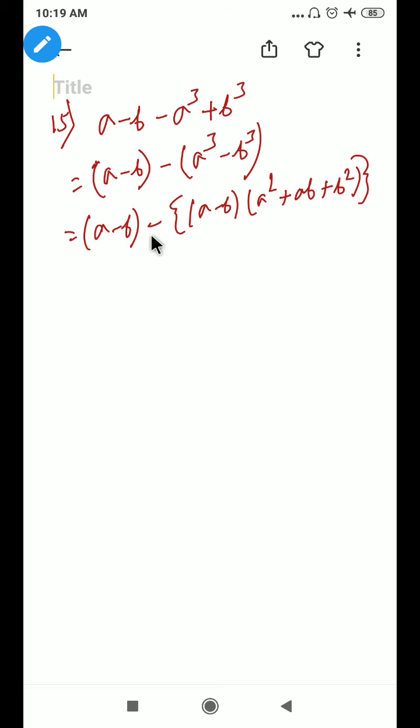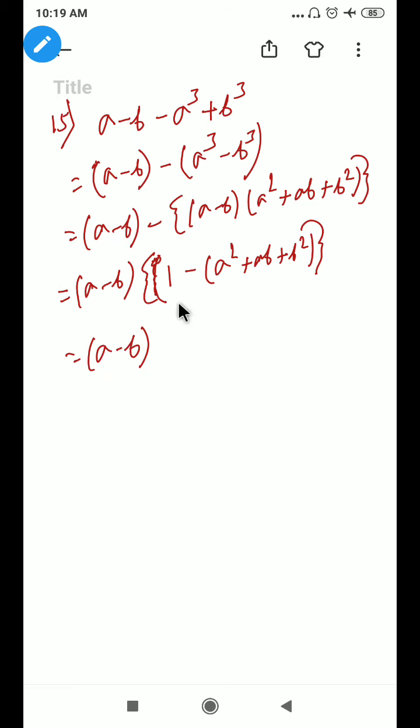Before this minus is one term, and after this minus is another term. From these two terms you can take a minus b common. If you take a minus b common, what you get is 1 minus (a square plus ab plus b square).